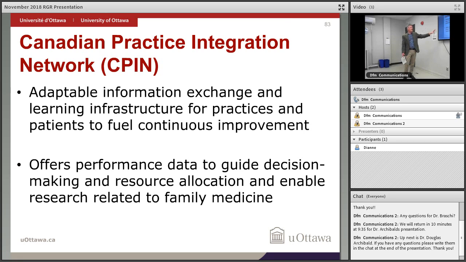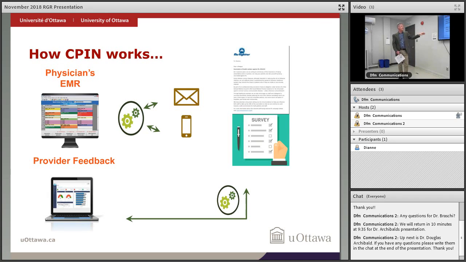It offers performance data to guide decision-making and resource allocation, and enable research related to family medicine. So what does that actually mean? Essentially, it's software that is implemented into the scheduler of the EMR.